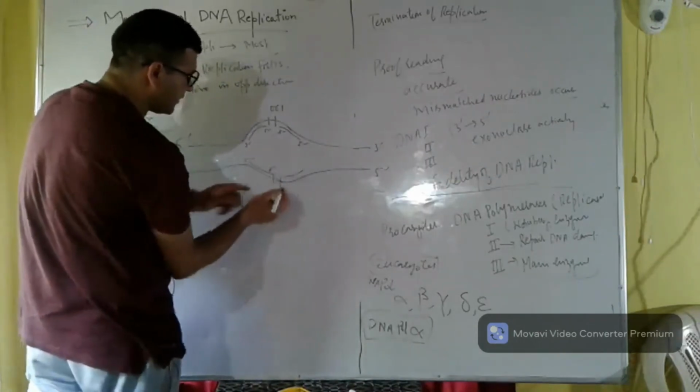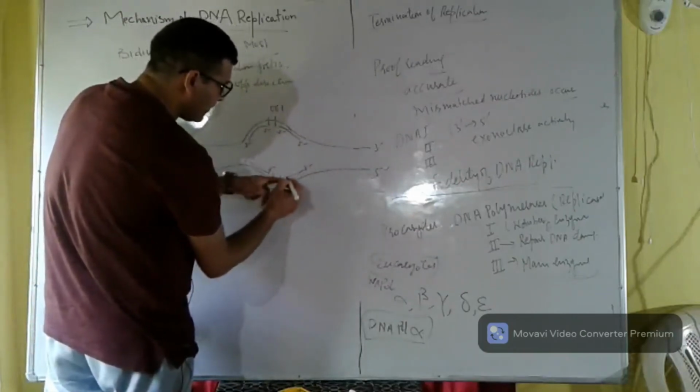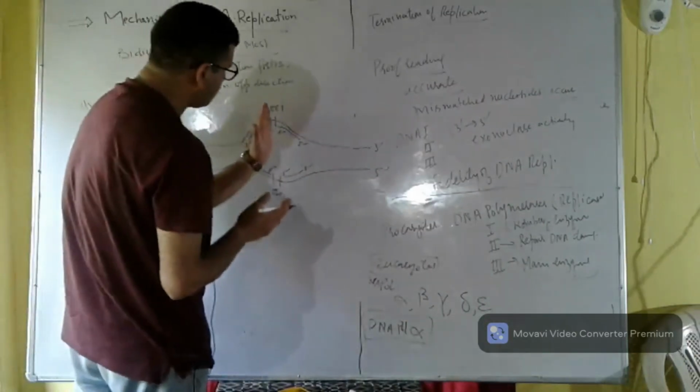Replication occurs in 2 directions. Here is the 3' end, here the 5' end, and the opposite strands have the opposite ends. So we will take an example of this.